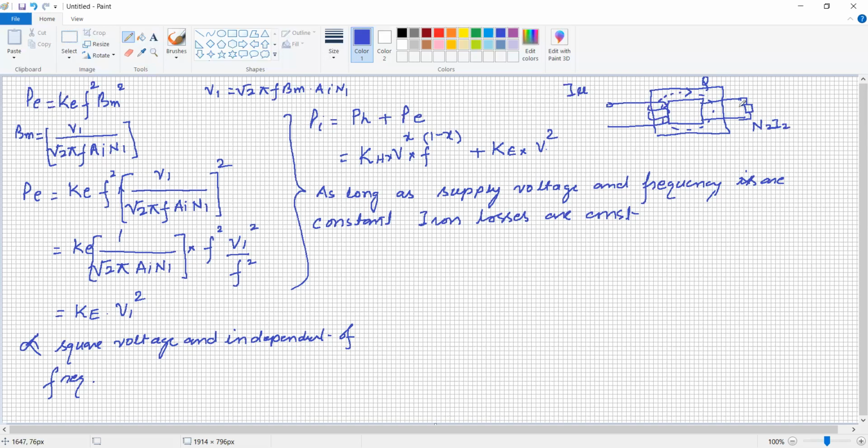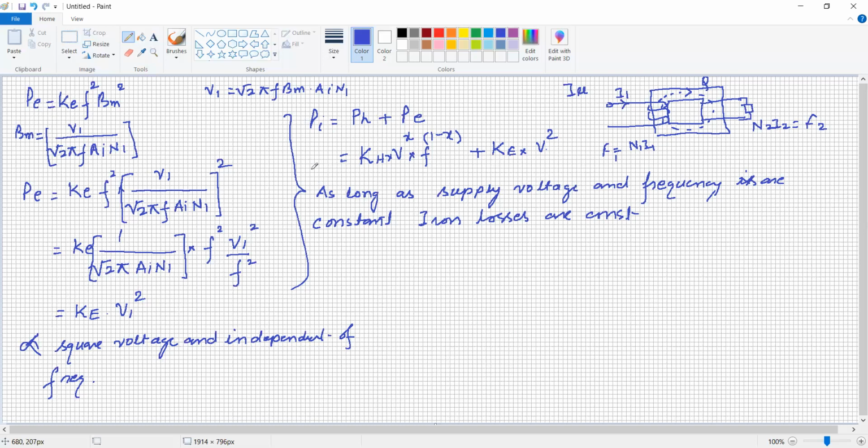At the same time, to maintain the constant voltage, it draws more current I1 from the supply. The MMF N1 I1 of the primary winding and the MMF of the secondary winding are equal and opposite. Therefore, the flux always remains present and constant, depending upon the magnetizing current. This is one way to explain that the iron losses remain constant irrespective of load condition.